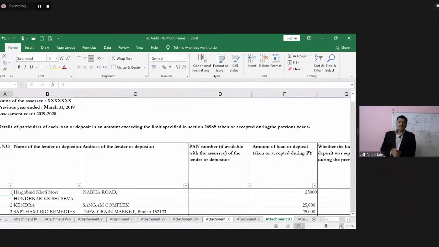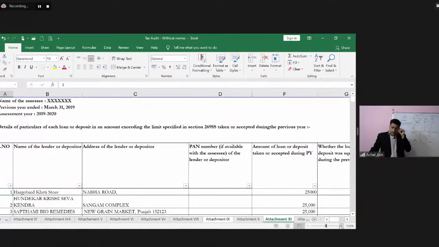So this requires loans or deposits taken or accepted. If these are loans or deposits taken or accepted, what's the first step to capture them? Go to the liabilities, because all of these amounts will be appearing in the liabilities in the books of accounts. So that will become the basis for identifying and capturing all of these items.